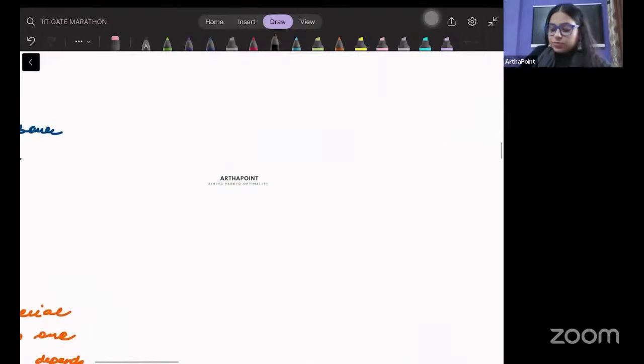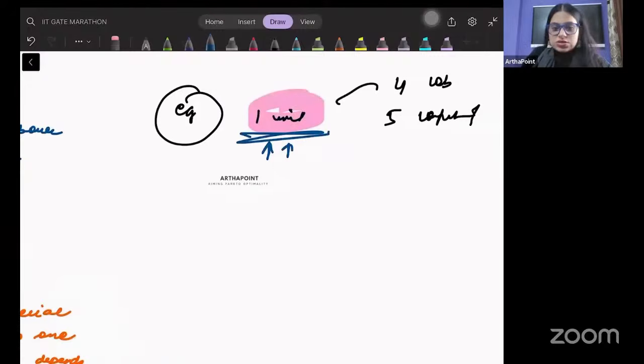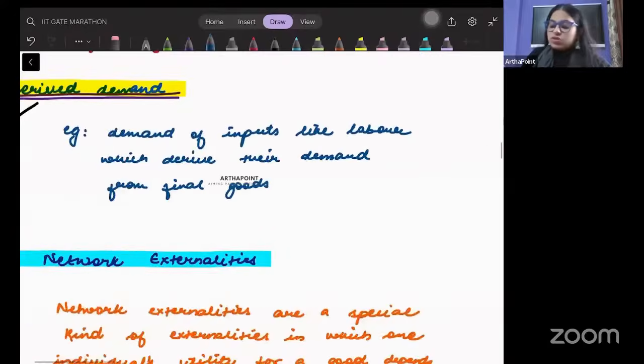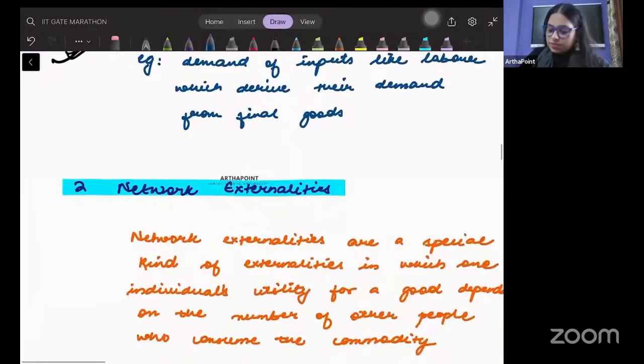So for example, if I tell you that 1 unit of the good requires 4 labor and 5 units of capital, and now I am telling you that I want to produce more of these goods, so I will demand more labor. मेरी labor की demand भी बढ़ जाएगी, मेरी capital की demand भी बढ़ जाएगी. This, when I increase the demand of labor and capital, इसको बोलते हैं derived demand. So increasing the demand of the raw material is the derived demand.